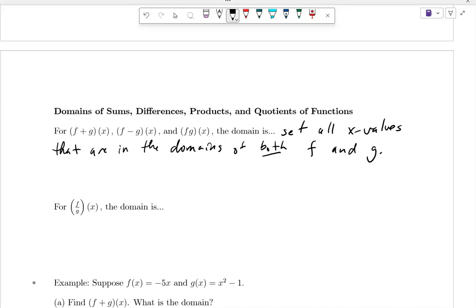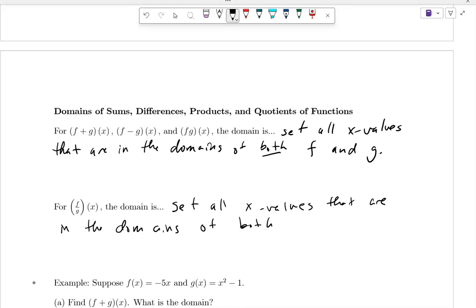The same thing is true for the quotient. It's still going to be the set of all x values, but there's going to be an extra little piece also. What's the extra little piece that we have to worry about when we do a division?